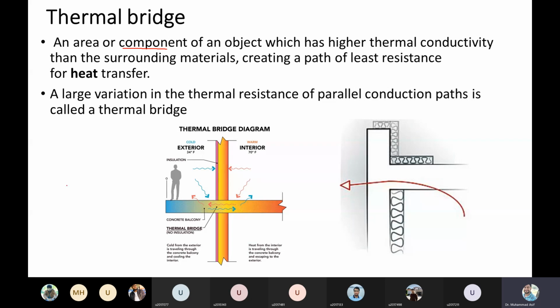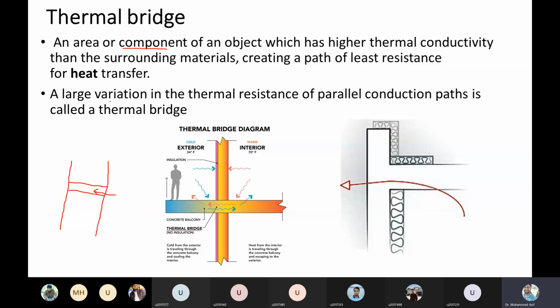So let's say we have a river, right? So what is the function of a bridge? The bridge will basically connect one bank of the river with the other bank, so it will allow the people to move.